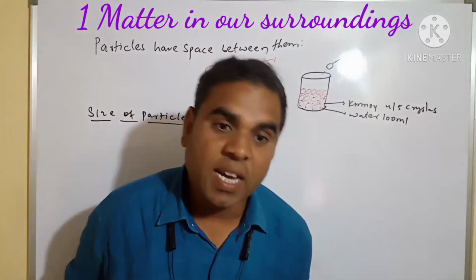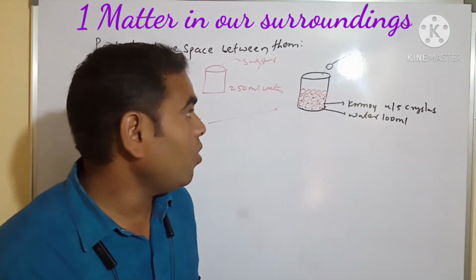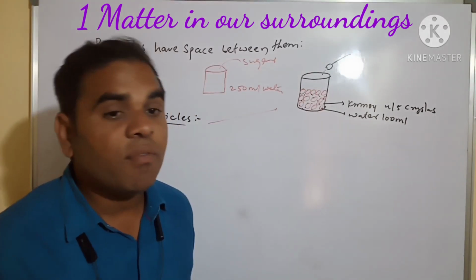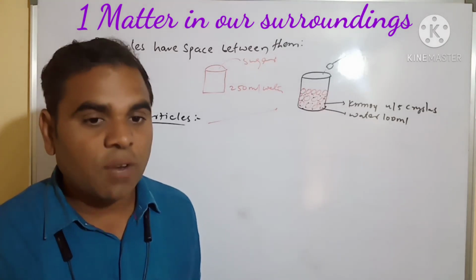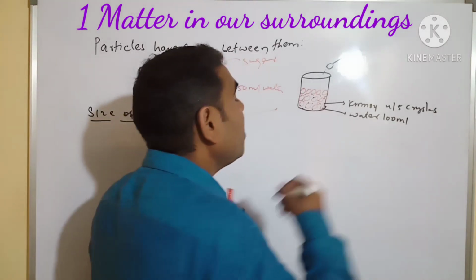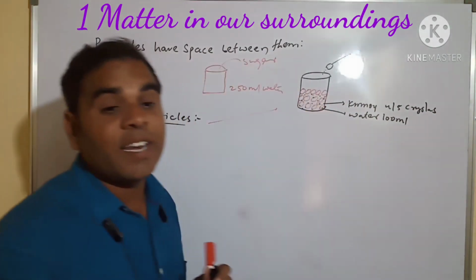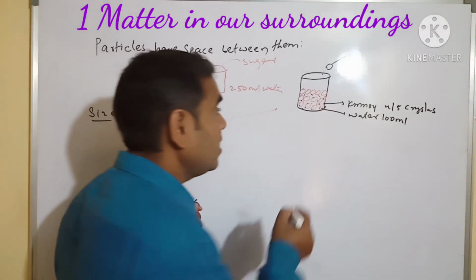Potassium permanganate KMnO4 we added, or we have to add, instead of that, ferrous sulfate also. What will happen? A purple color is there, dark purple color is there.